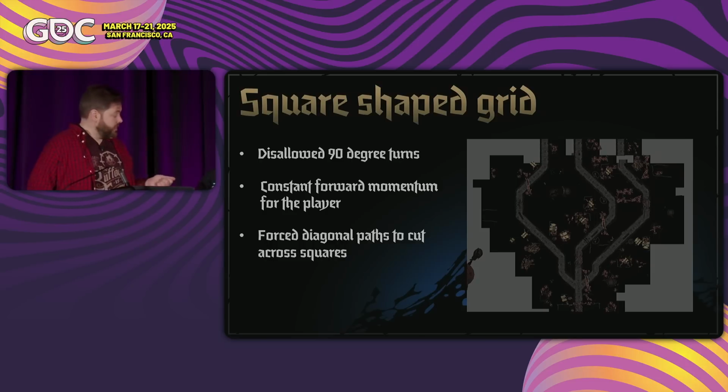One, it saved us from giving players whiplash with the camera turning. But it also focused the player's attention forward, giving them constant momentum towards the end goal of the biome. However, on the technical side of things, it forced us to deal with 45-degree diagonals, which kind of sucks when you're talking about square grids.